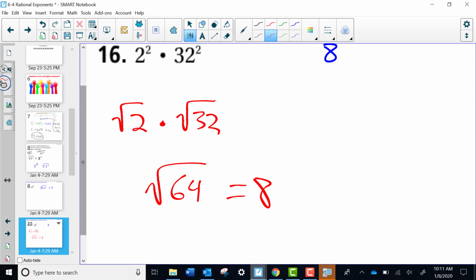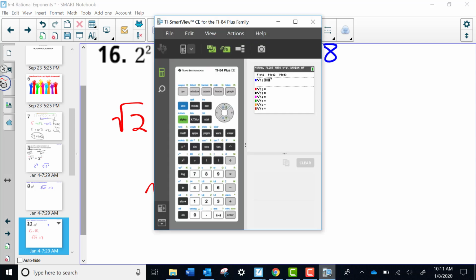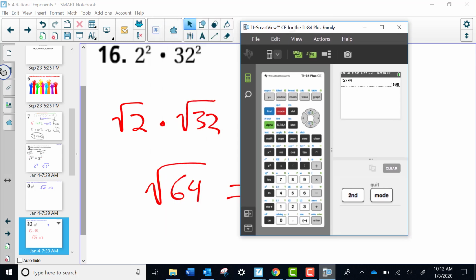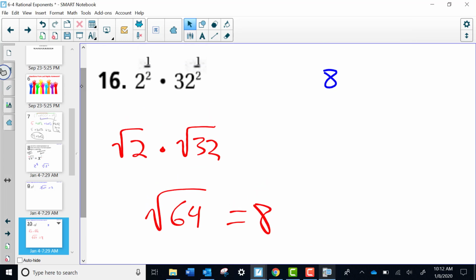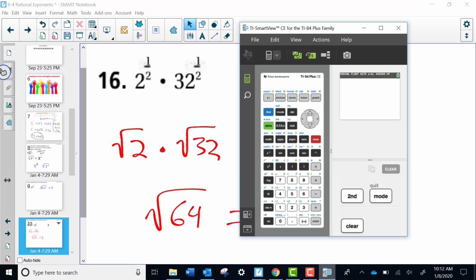That's algebraically, but here's how you just enter it into your calculator. If you had trouble with your calculator, please pay attention. So we have 2 to the 1/2 power. So it's 2. You see this button right here? You hit that button to raise it up to the exponent level.